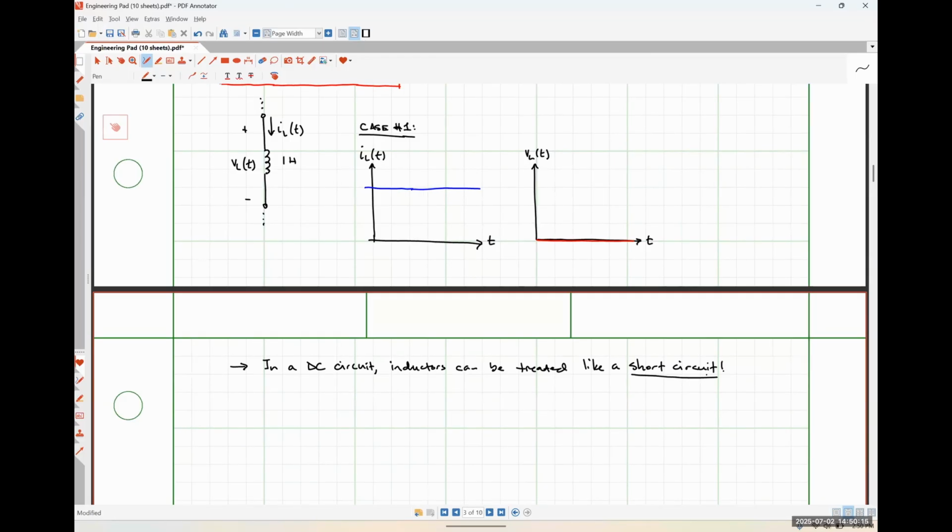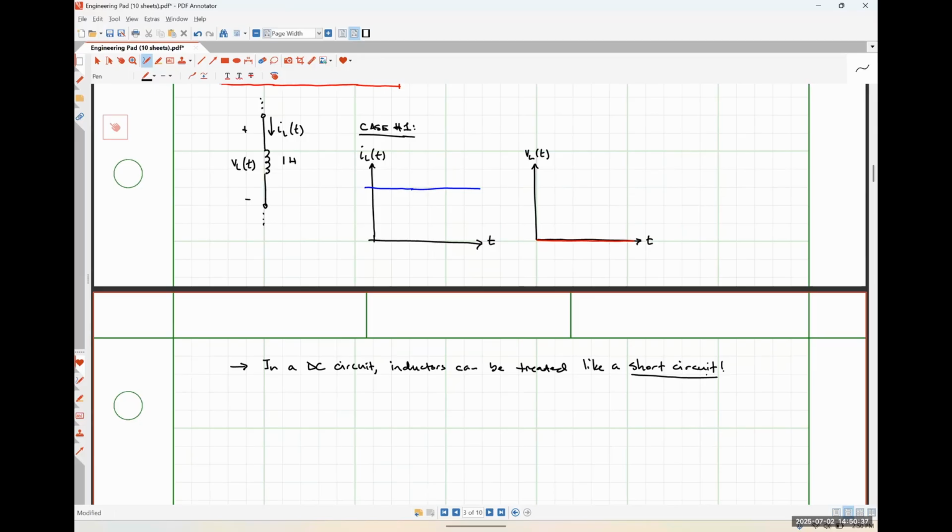So I'm saying that inductors can be treated like a short circuit for two reasons. Okay. First, we know that the voltage drop across a short circuit is always zero. And we've just shown that for a constant current, the derivative of the current is zero, and so the induced voltage must also be zero.